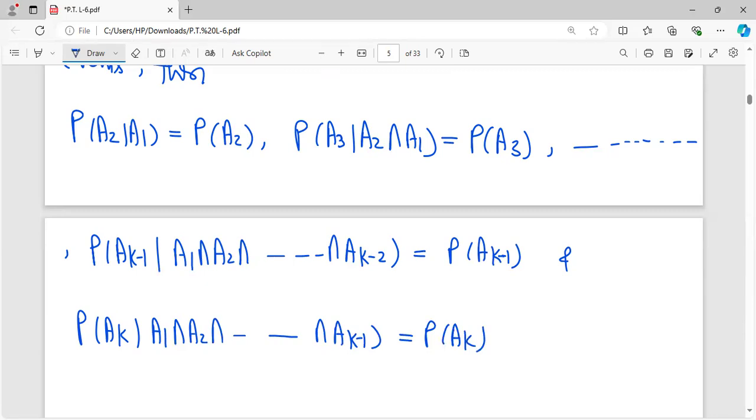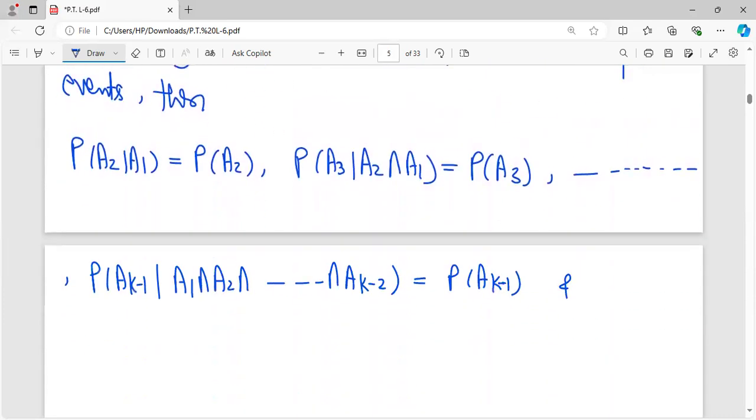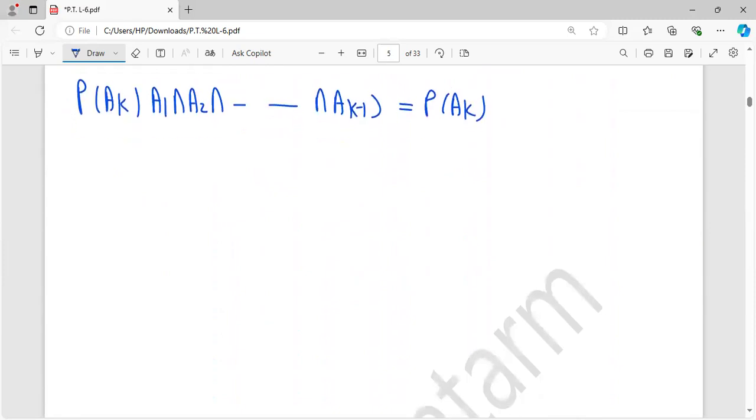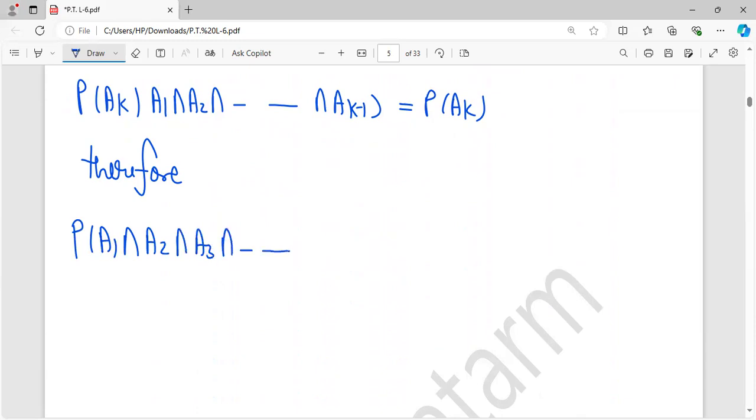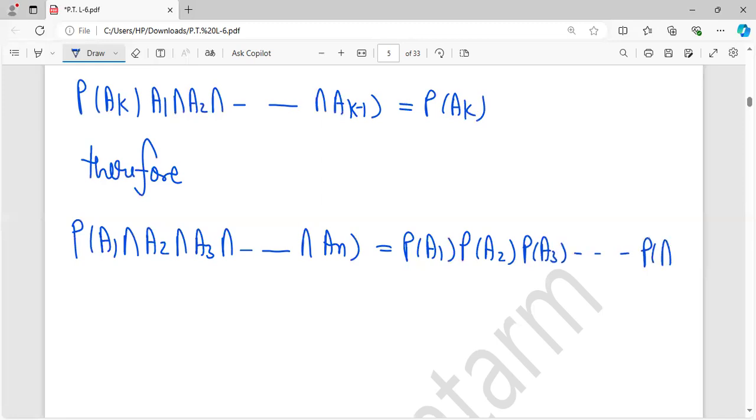So this implies, putting these values in the generalized rule of multiplicative law, then what will we get? Therefore, P A1 intersection A2 intersection A3 intersection up to An is equal to P A1, P A2, P A3, in product up to P An.